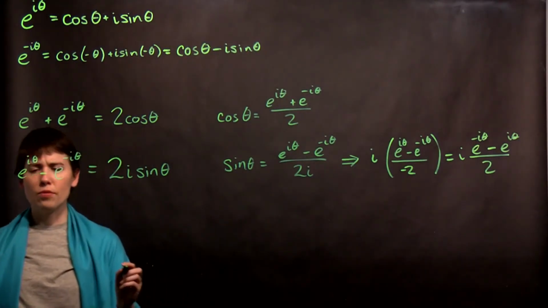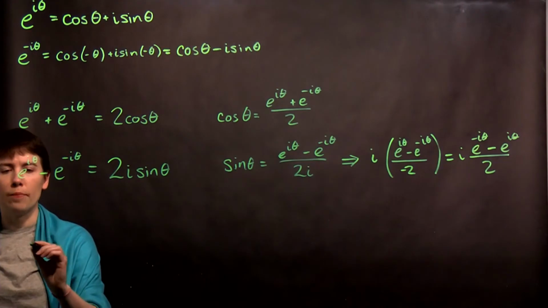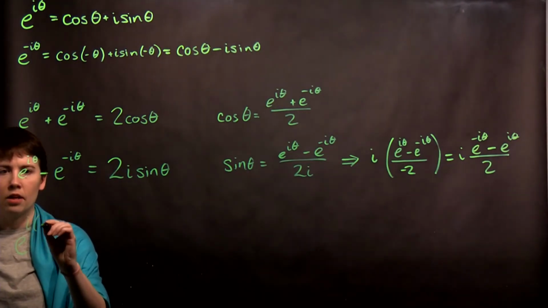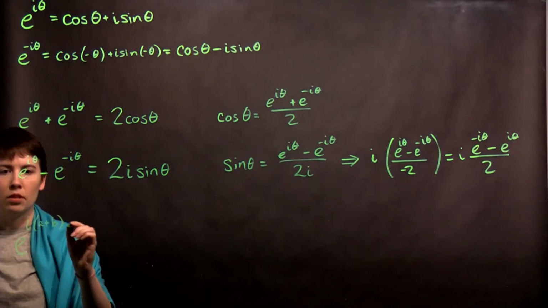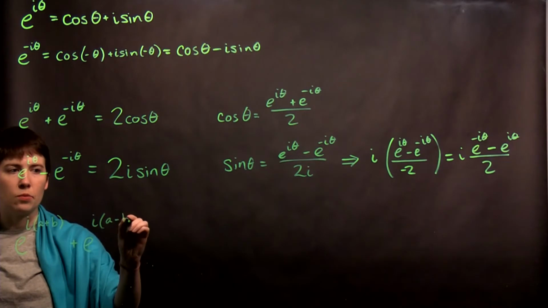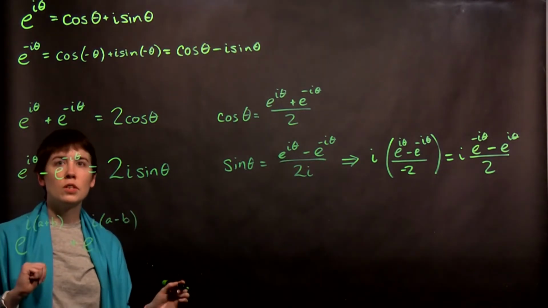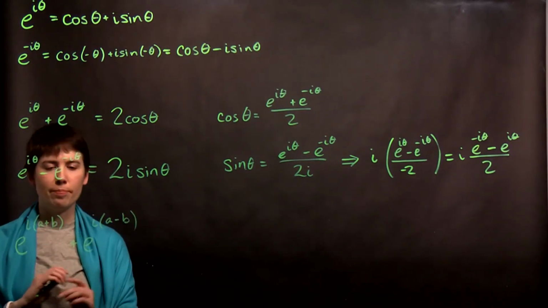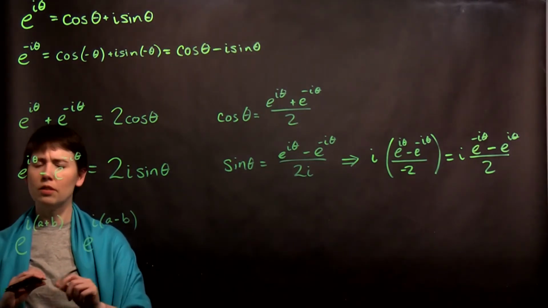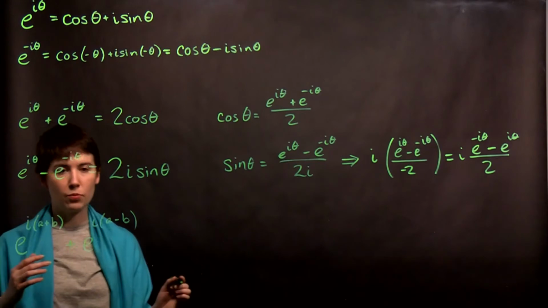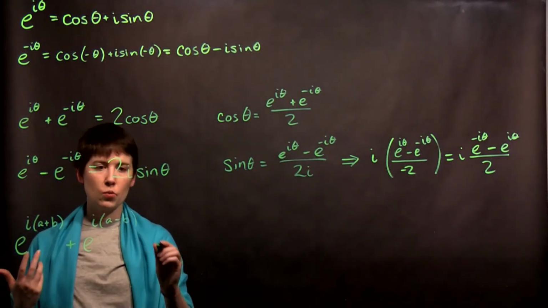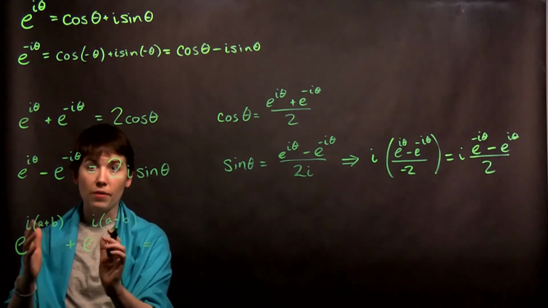So what if we have a term that looks like e to the i (a plus b) plus e to the i (a minus b)? Sorry, I mean for that to be multiplied. Let's multiply this. No, I did mean plus. This is what happens when I don't look at my notes. So now, one of the things we can do here is factor these out.